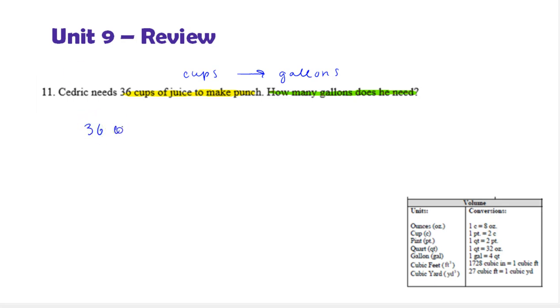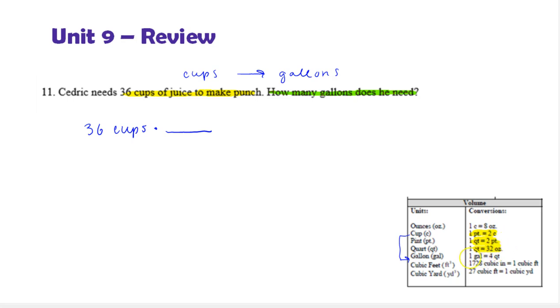So let's start with the 36 cups. And let's use our first conversion factor, and our goal is to go from cups to gallons, and we're going to do that via changing it to pints, then quarts, then gallons. So I will highlight these in our chart, changing cups to pints, to quarts.